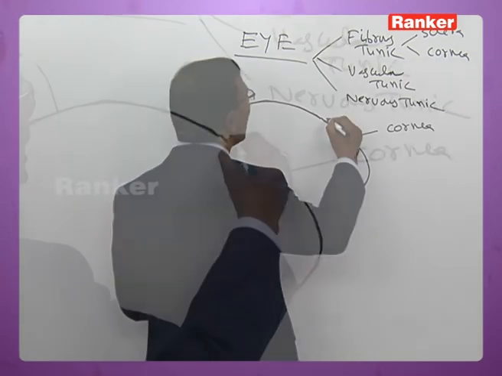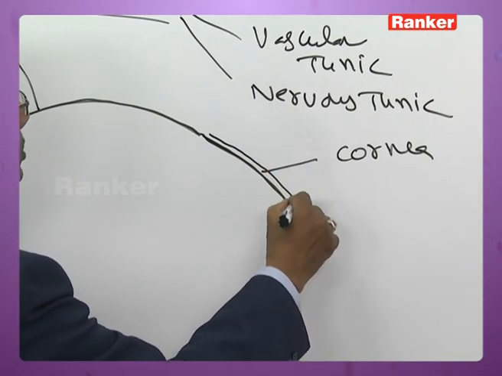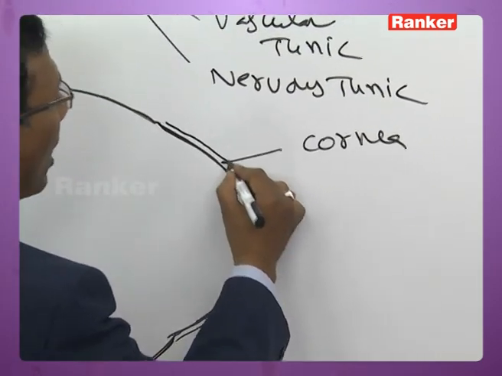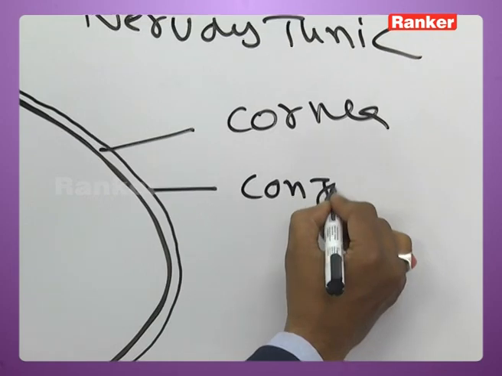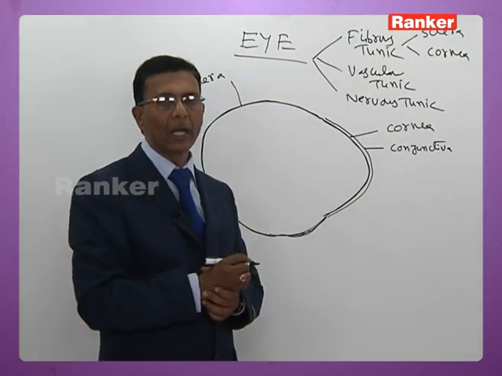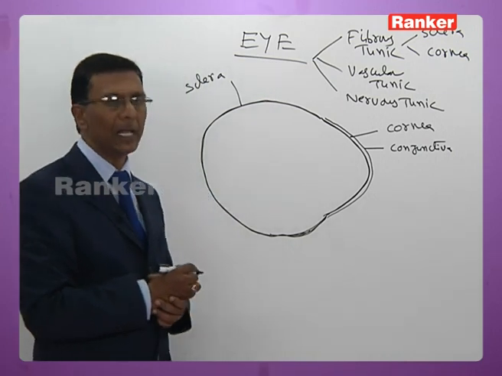Now the cornea is externally lined by a simple squamous epithelial layer called the conjunctiva, made up of non-keratinized simple squamous epithelium.